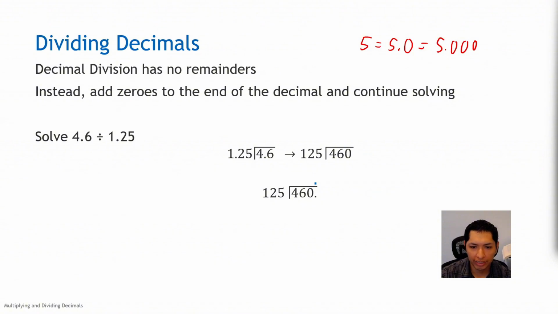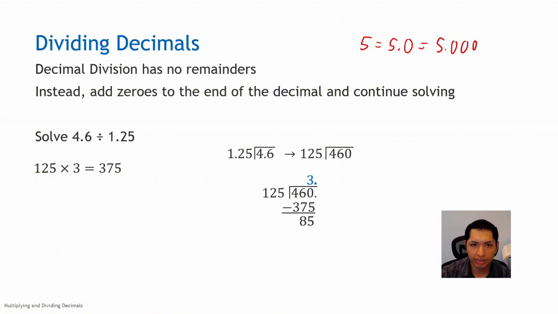So now we solve as a regular division problem by hand, and I ask, how many times does 125 go into 460 without going over? And I'll tell you that 125 times 3 is 375, and that is the highest number that will not go over 460. So I set 3 in the quotient part of the answer, and then I subtract 375 from 460, and that gives us 85.